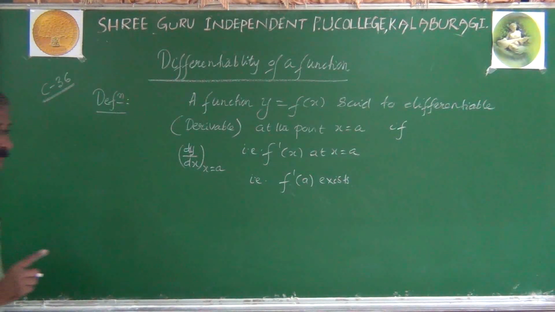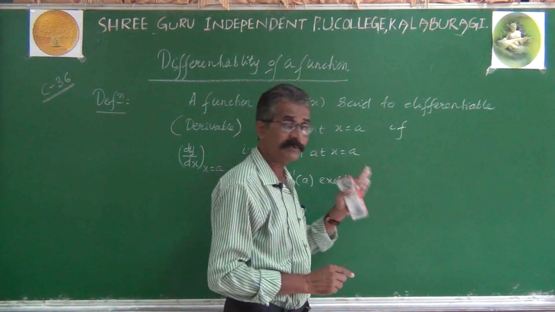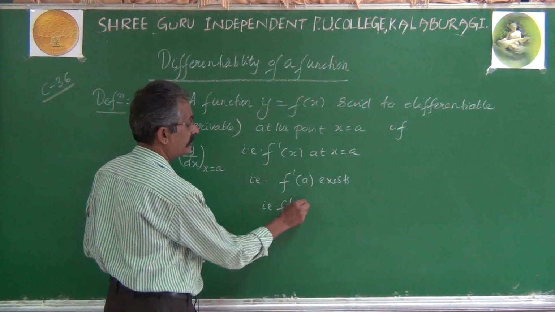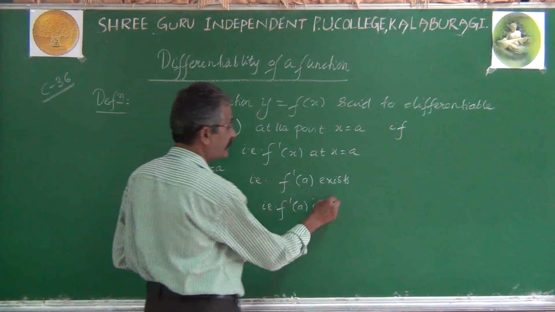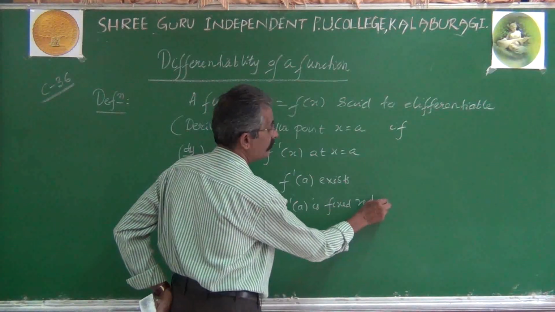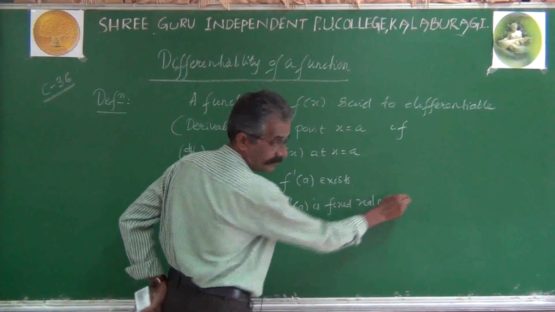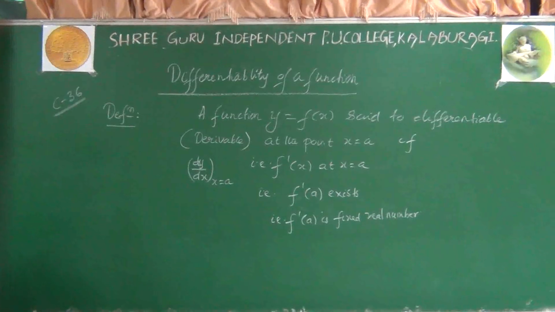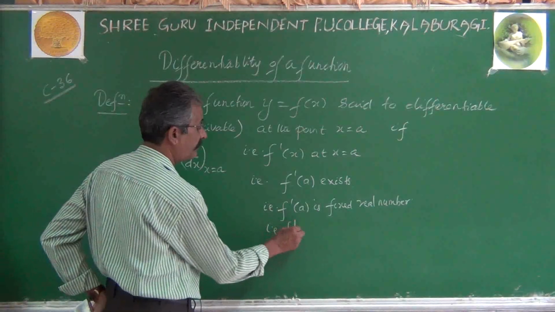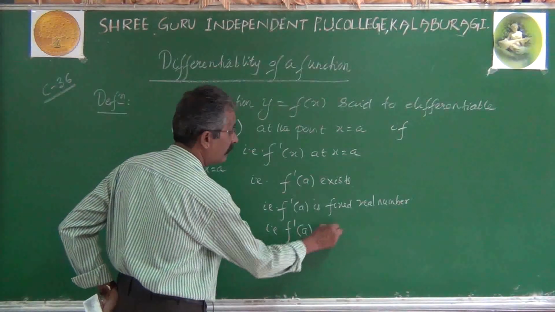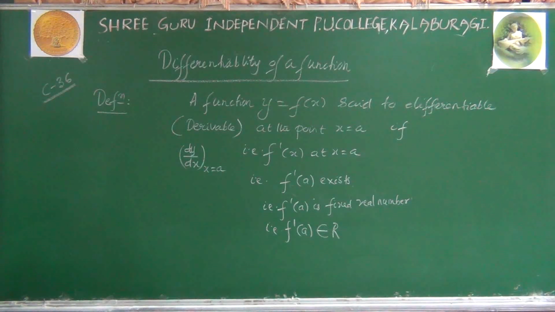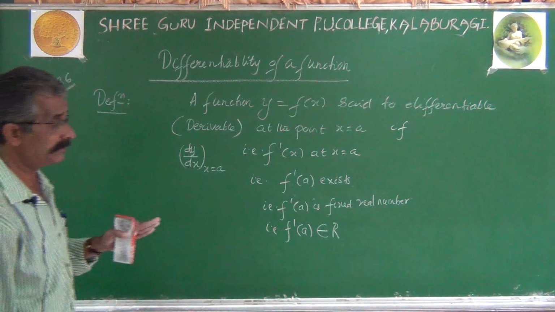F dash of a exists means f dash of a is a fixed real number, as good as f dash of a belongs to the real number set, that is, f dash of a belongs to the set of all real numbers R. Then we say that the function is differentiable at point x equal to a.